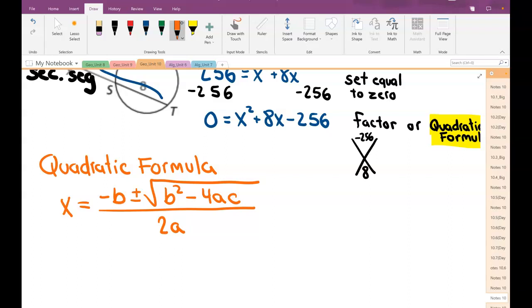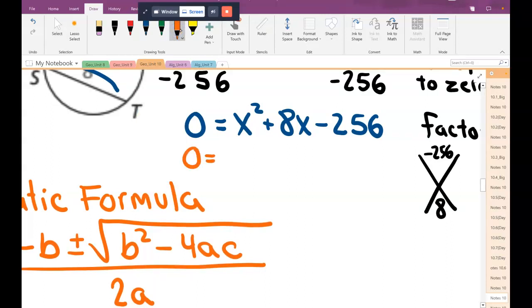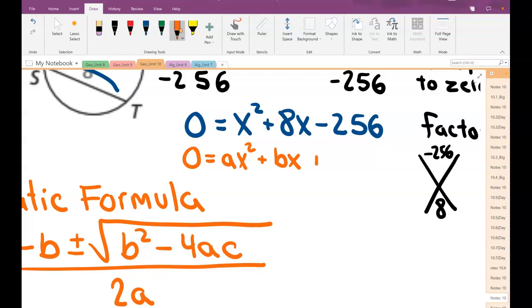And you get your a, b, and c values from the quadratic we set up here. Right? We call this the standard form of a quadratic, where 0 is equal to ax squared plus bx plus c.